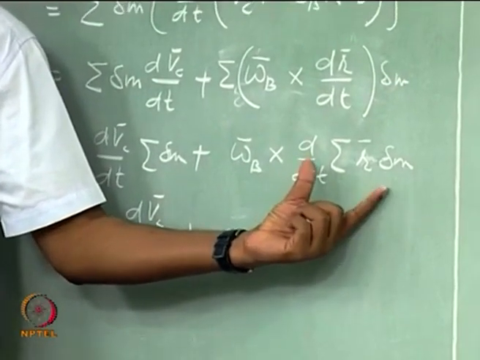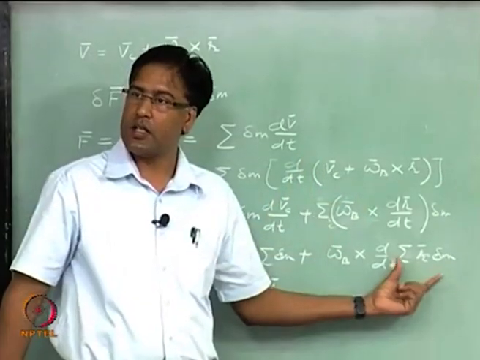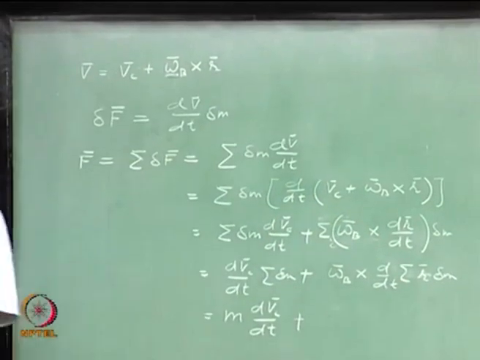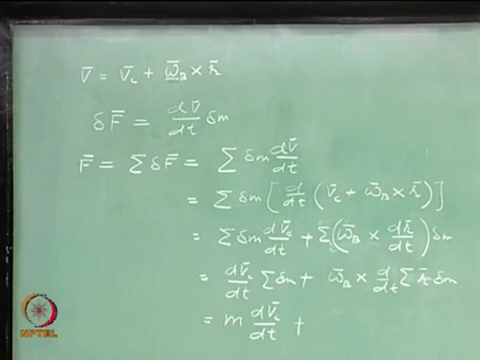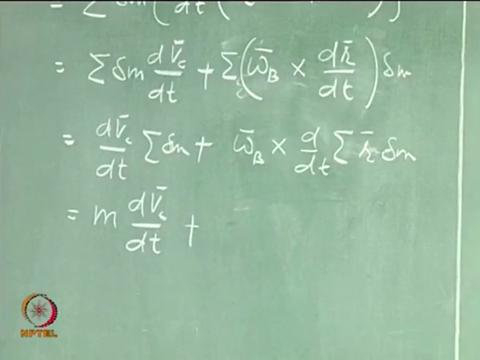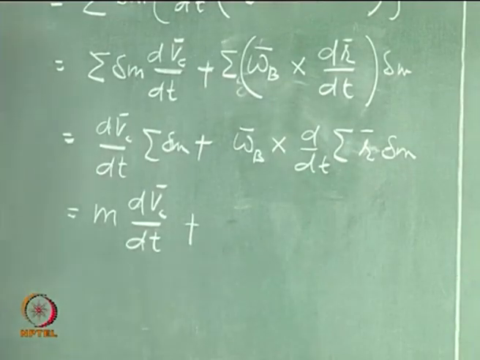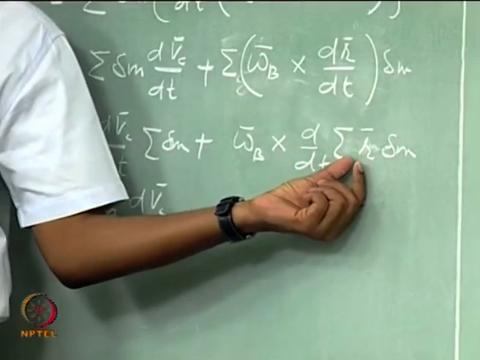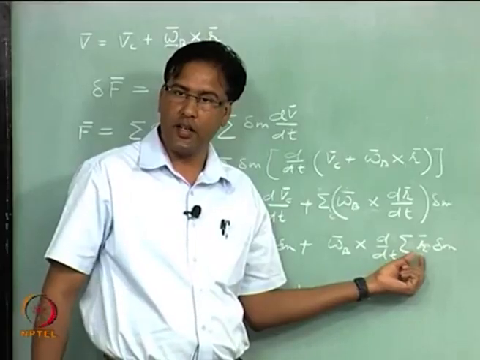This is 0, right, because we are measuring all the distances from the center of mass of the aircraft. Is that clear? Right, because I am measuring all the distances, the small r, from the center of mass.